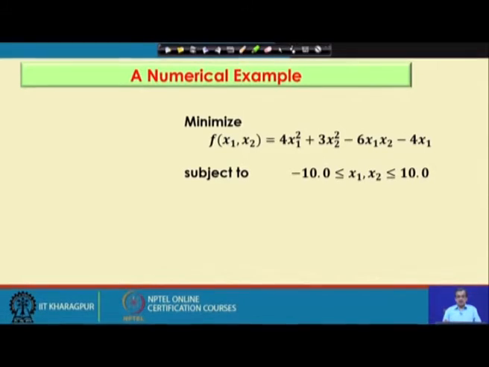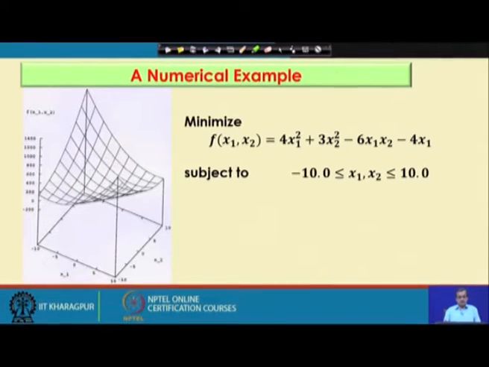So, this is an unconstrained optimization problem and there is no functional constraint here. Now, this shows the function plot, and here we will have to find the minimum point.